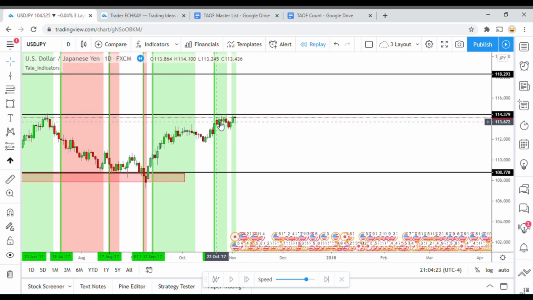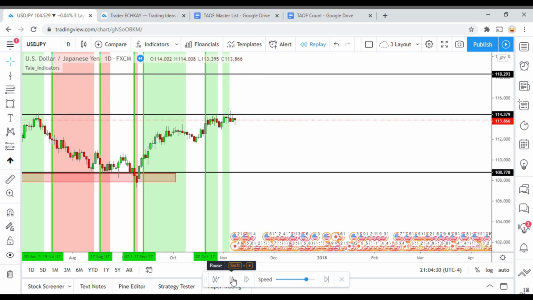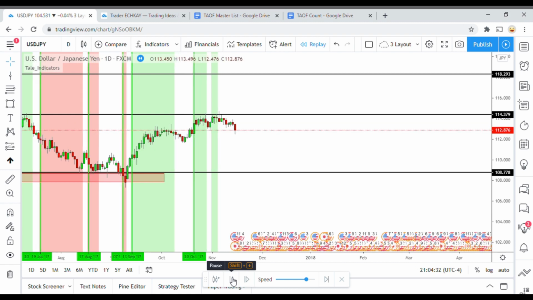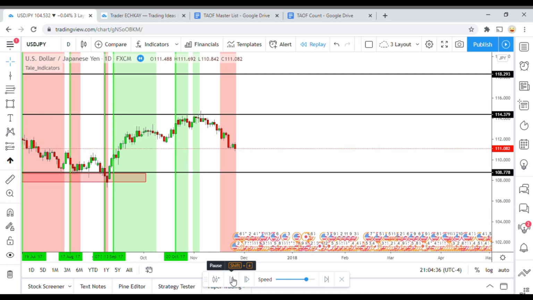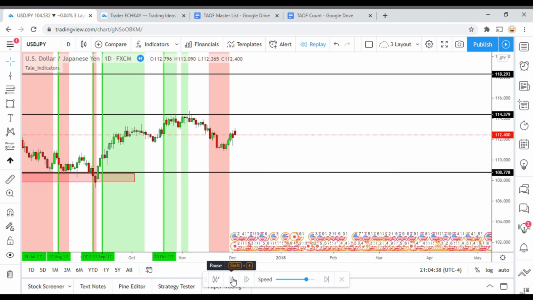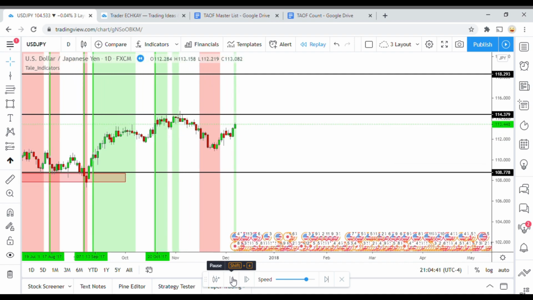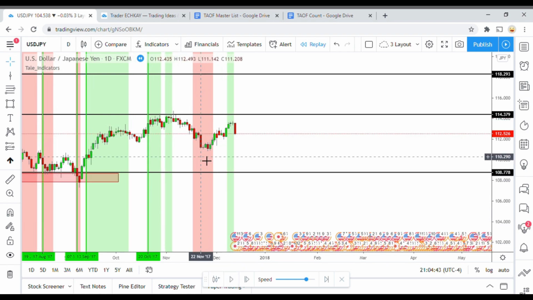It's definitely not something I would have traded off of, but it's bound to happen very soon. So let's see what they do. Let's see if they break it out or if they shove it back down. They've pushed it down pretty good ways. Only went halfway down this time.